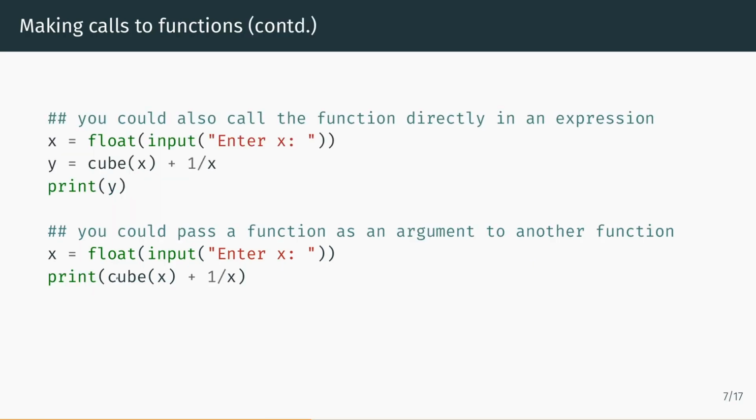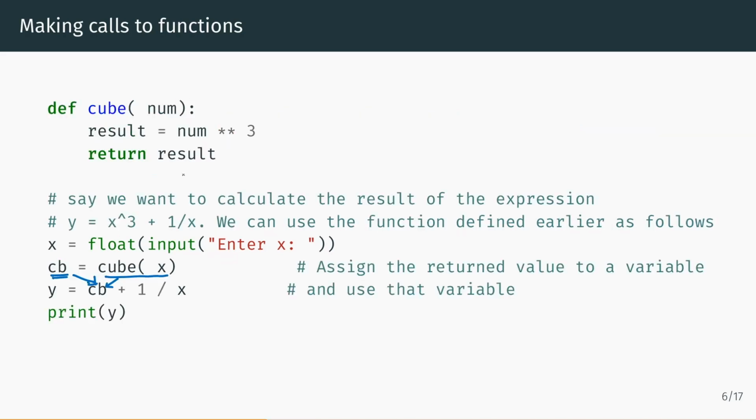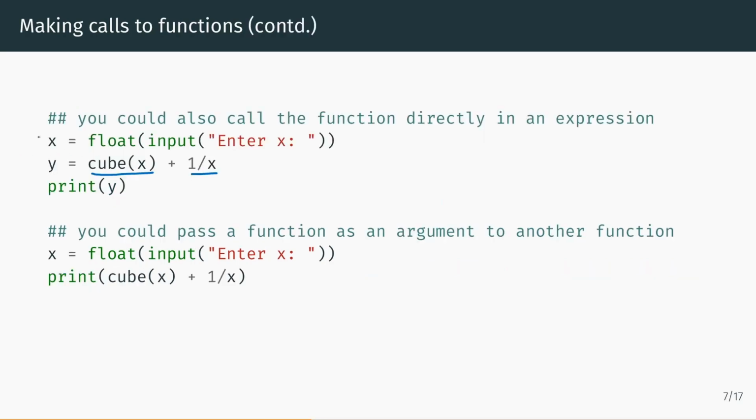So instead of cb equals cube of x, we just say cube of x plus 1 over x. Again, you can reason about this if you keep replacing the values. So for instance, x equals float of input; let's say the user enters 2, so x would be 2.